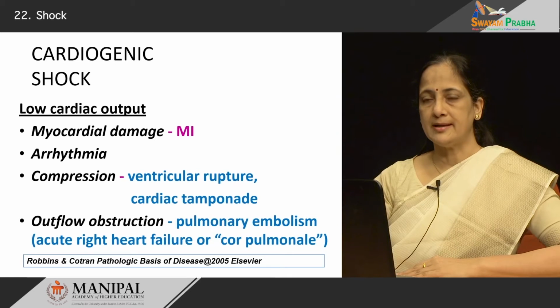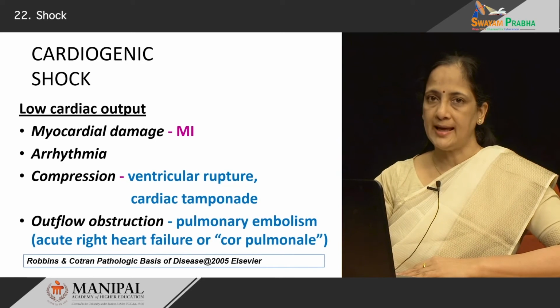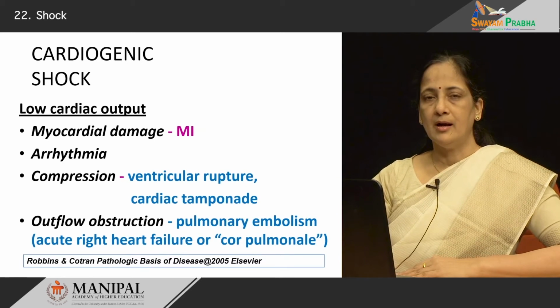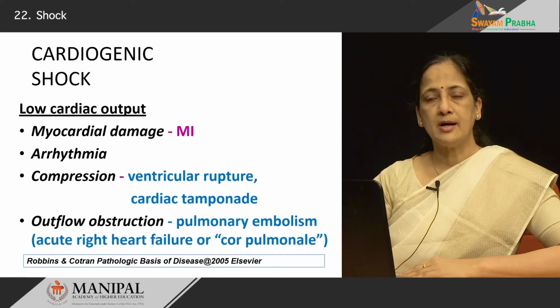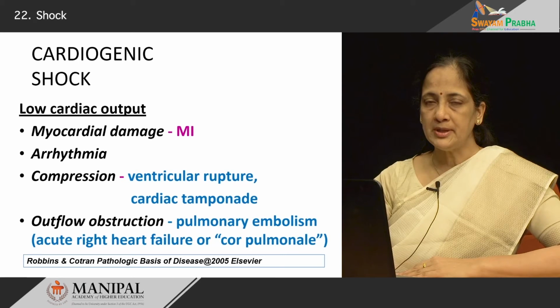Basically, the problem in these diseases is that there will be low cardiac output, and that low cardiac output will in turn reduce the blood pressure, and reduce the oxygen perfusion at the tissue level. A common disease is myocardial infarction. Here, because of ischemia to the myocardium, its function is affected. The heart does not become an effective pump, and therefore, the cardiac output is reduced.